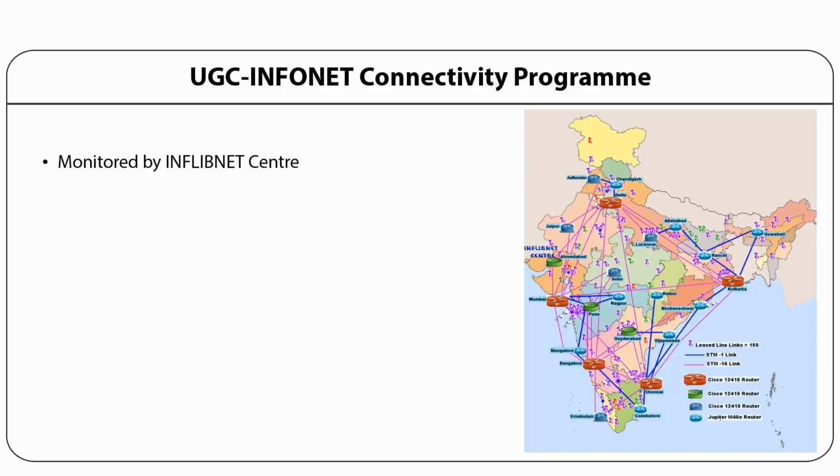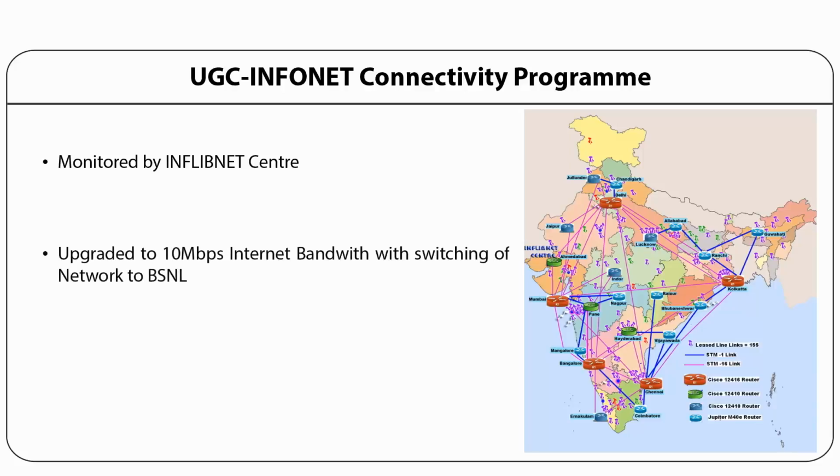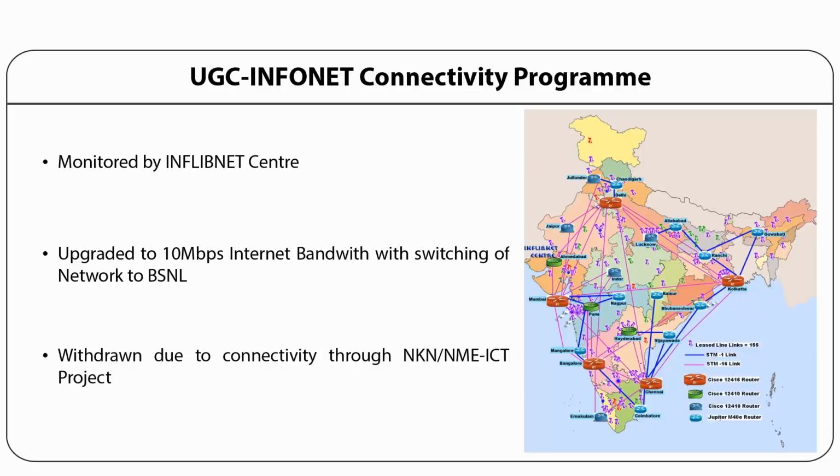The network was switched to the BSNL backbone with upgraded network infrastructure of 10 Mbps from the earlier available 2 Mbps network. With the launch of the National Knowledge Network, the program has now been withdrawn and all the universities are migrating to NKN connectivity or to the NME-ICT project.